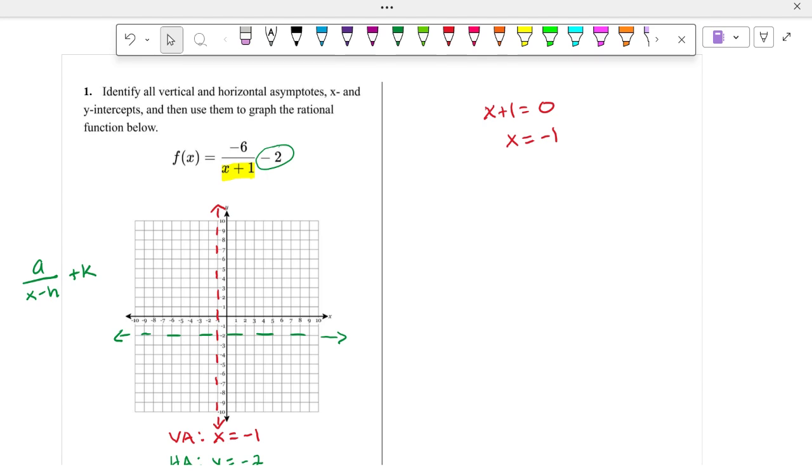So what you want to do is take the vertical asymptote and make pretty much a table where your vertical asymptote is kind of the middle. And remember, since negative 1 is your vertical asymptote, that means the y is undefined.